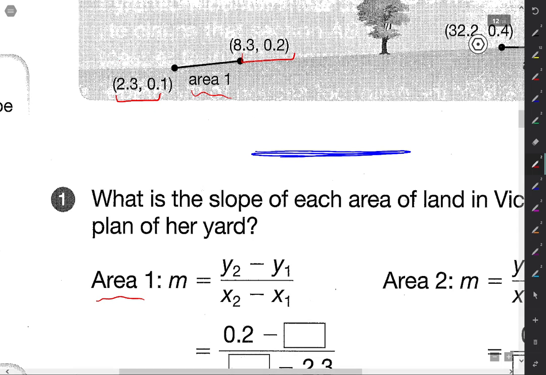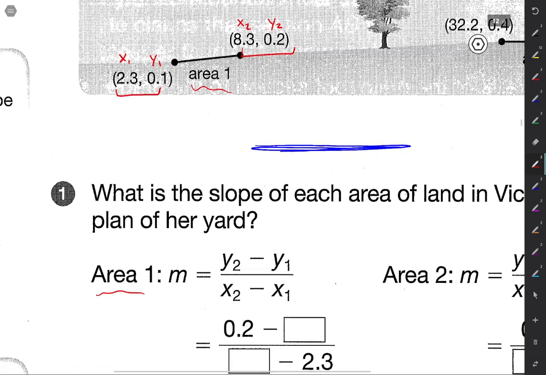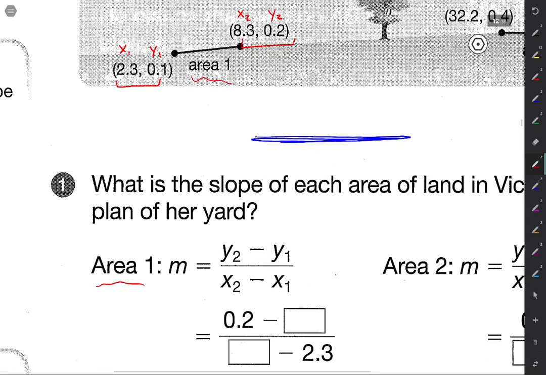So I'm going to say that this one's x1 and this is y1, and then this is x2 and this is y2. Now that we have these labeled, we are going to plug them into these spots in the formula. So they were nice and already plugged in our y2 value, which is 0.2. Now y1 is 0.1, so we'll put that there. Then the x2 value is 8.3, and the x1 value is 2.3, which they gave us there.